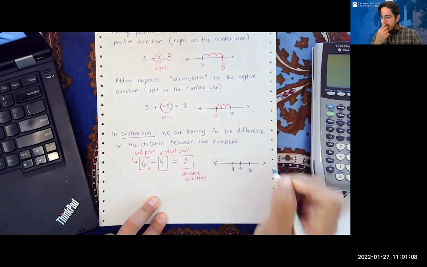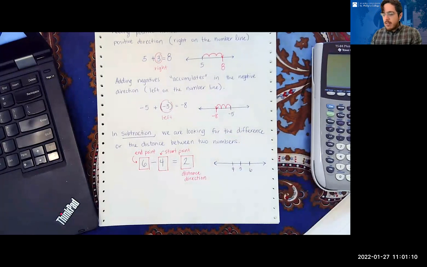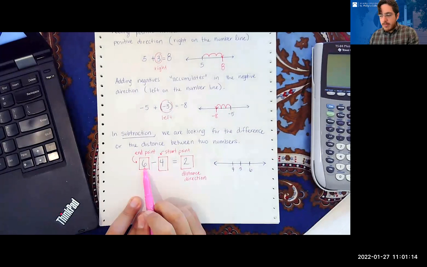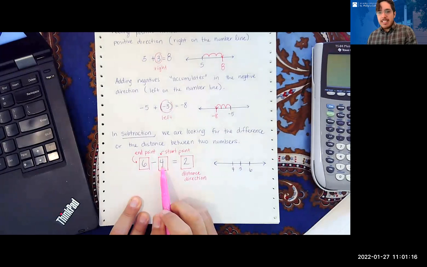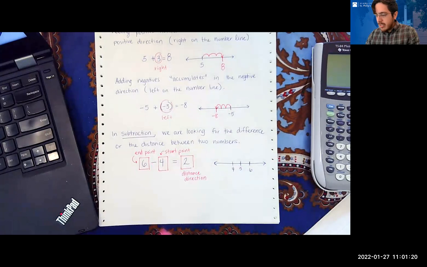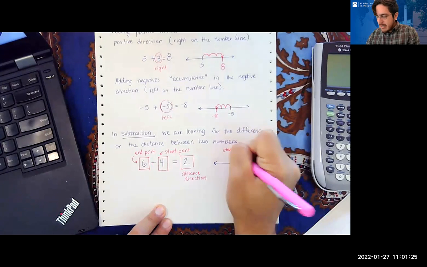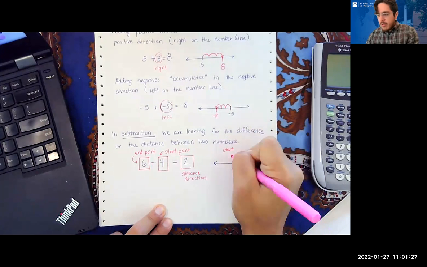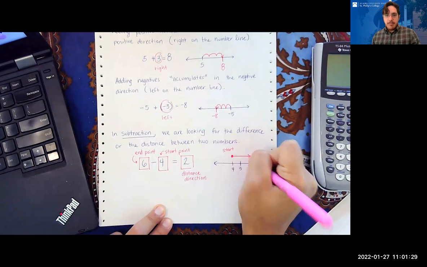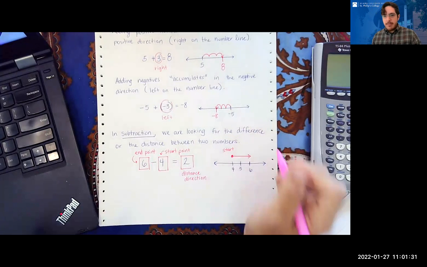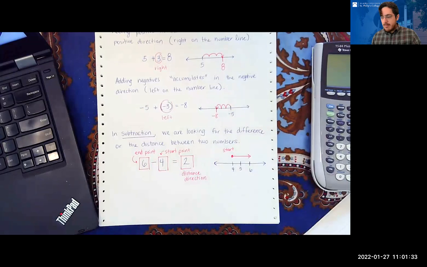So what this problem is saying is that our endpoint is 6. That's where we ended up. We started at 4. How did we get there? How many places did we have to move? So if we choose our starting point at 4, and we needed to get to 6, what direction did I move in? Did I move to the left or the right? The right. I moved to the right.